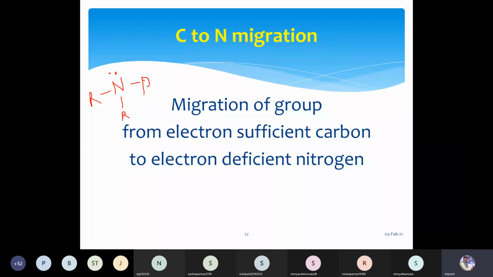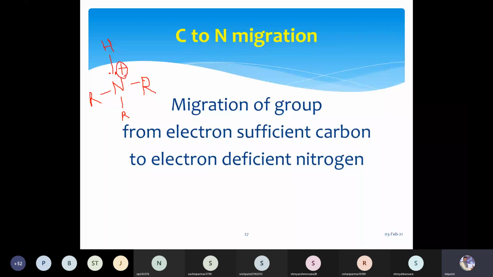Nitrogen has 3 valency. But if nitrogen donates an electron to something else, suppose hydrogen, then nitrogen will gain a positive charge. Now nitrogen having a positive charge, we can say nitrogen is electron deficient.